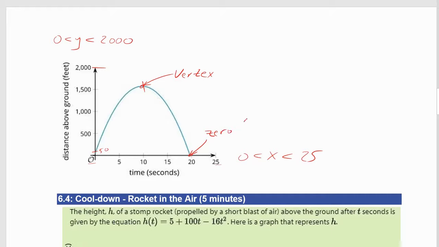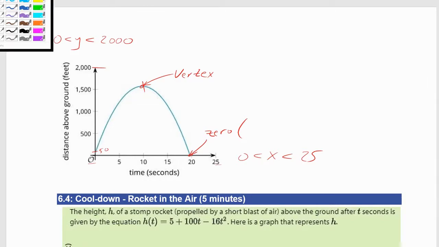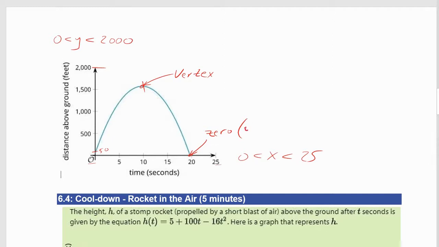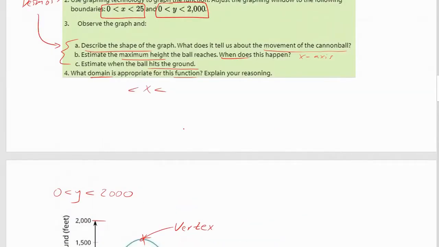That is usually when your y value equals 0. So those should have answered your questions for those situations.